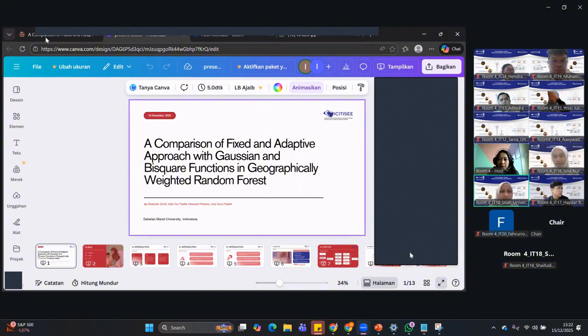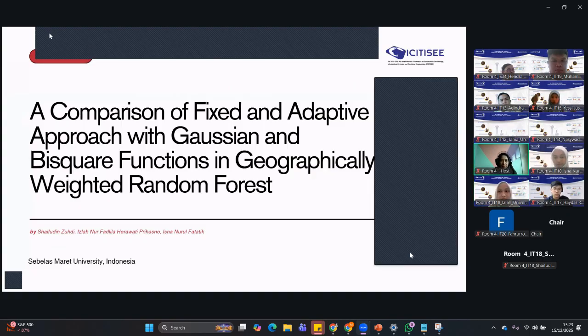Okay, can you see my screen clearly? Yes, of course. Yes, clear. Okay.